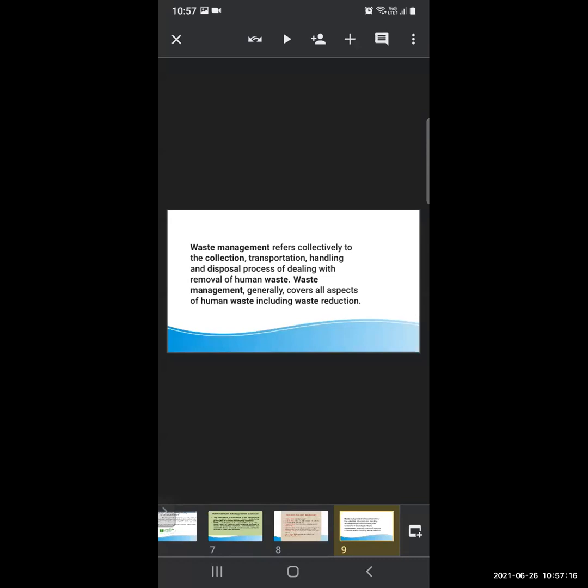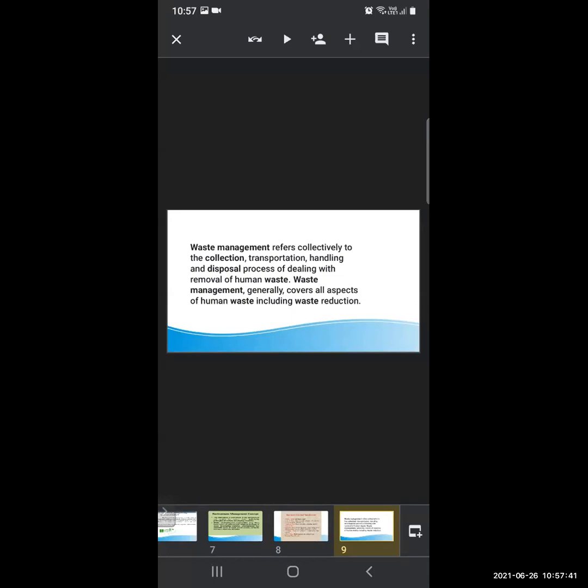If waste management is not done properly, what you must have seen in BMC or PMC, Pune Municipal Corporation, Mumbai Municipal Corporation, they have put different dustbins: dry waste, wet waste, and another is organic waste.